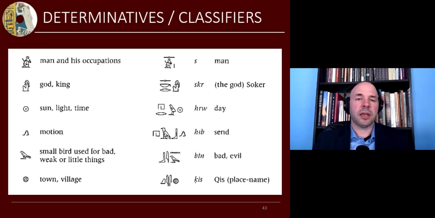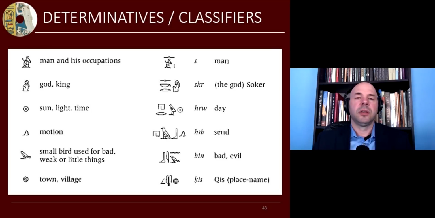Same way with the next determinative, the seated god with a beard. You put it after the name for the god. So here we have 3 uniconsonantal signs or uniliteral signs, the S, K, and the R, and that writes out the god's name Sokar, and you put the god after it to tell you that it's a divine name.